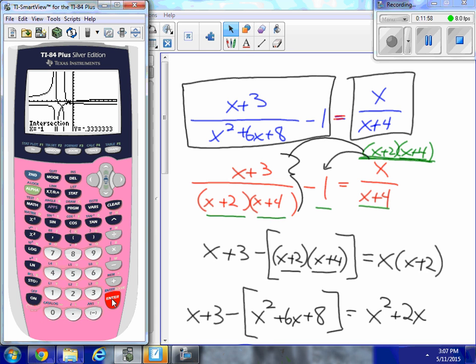You see it there in the left-hand corner. I'm circling it, I hope you can see my circle. So that's one of my intersections. Now I'm going to use the cursor here and move my x closer to what looks like the other intersection. And I'm going to do it again: second, calc, intersect.